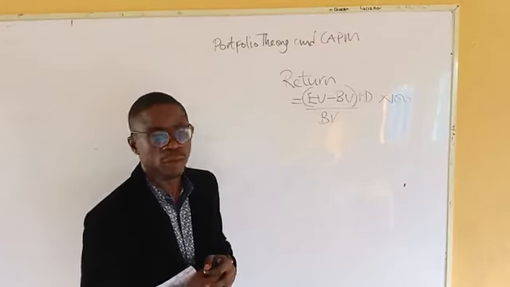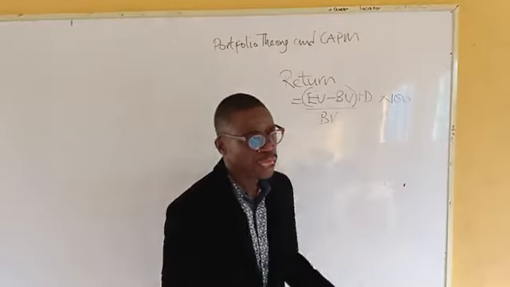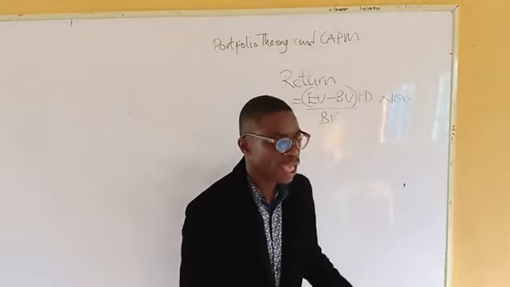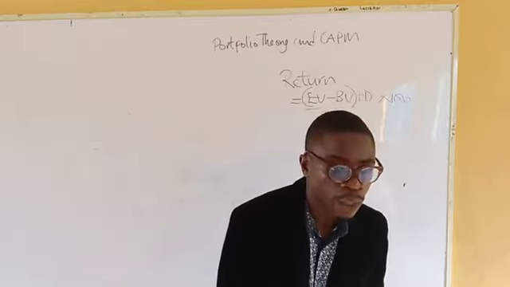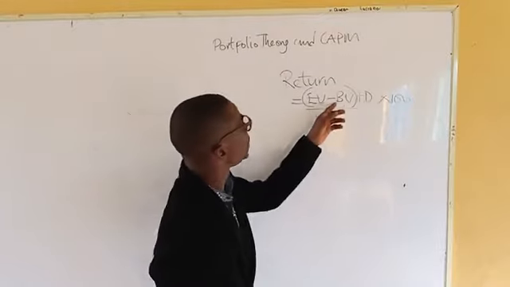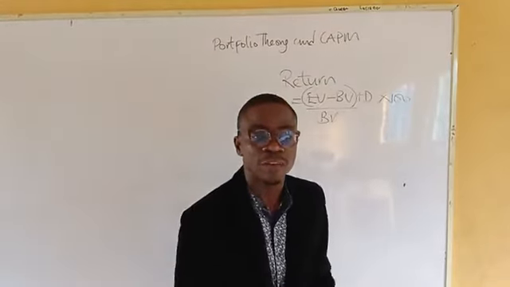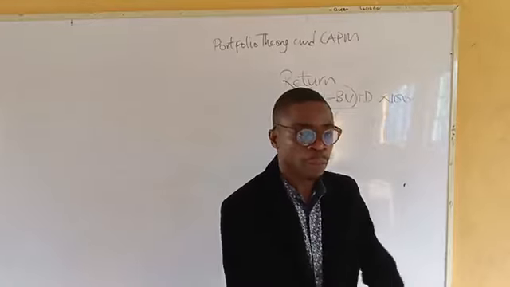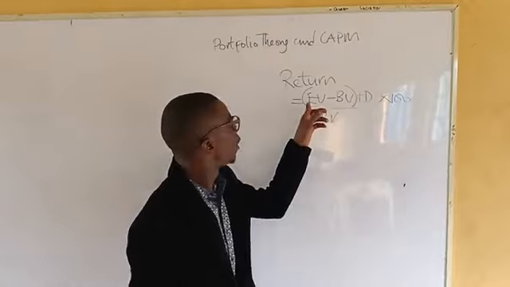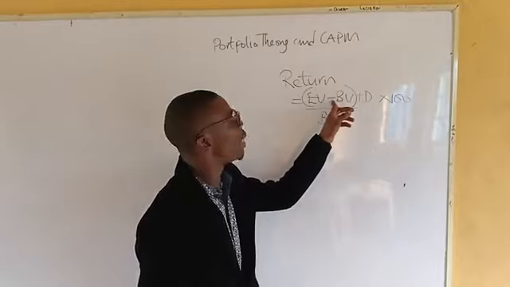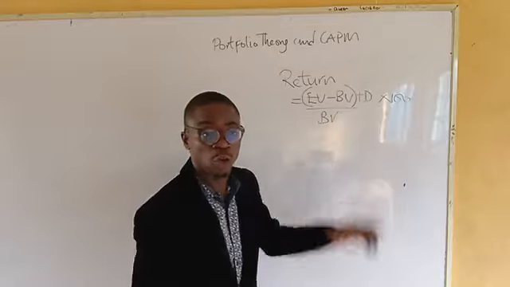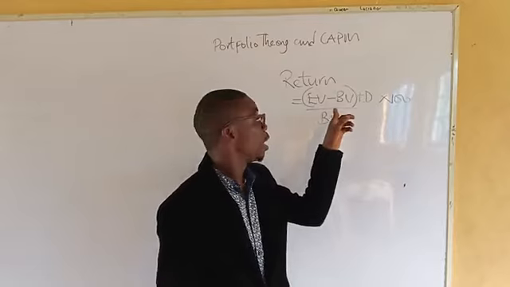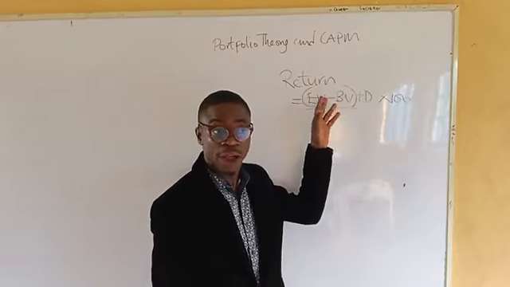So it is EV minus BV, all over BV. You know why they are calculating the value at the beginning?